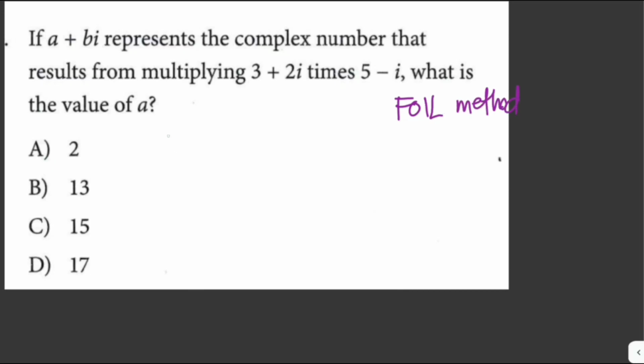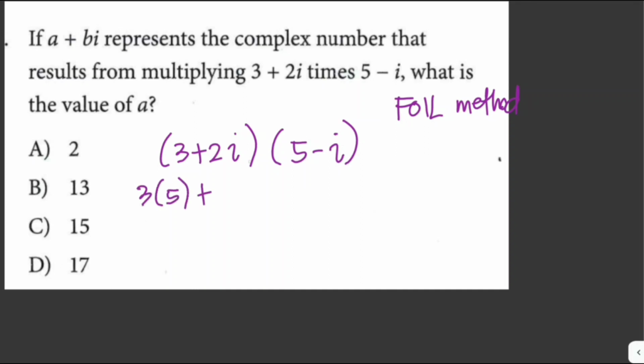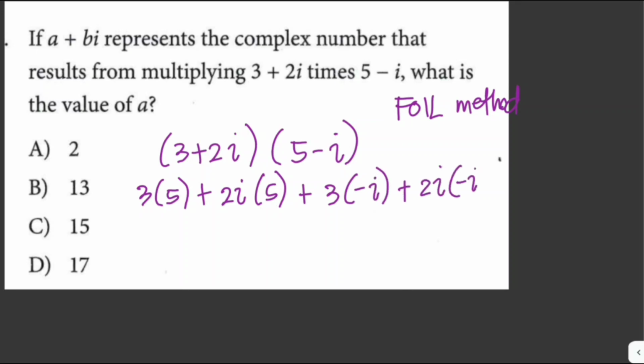So let's do that. 3 plus 2i times 5 minus i. So this would be 3 times 5 plus 2i times 5 plus 3 times negative i plus 2i times negative i.